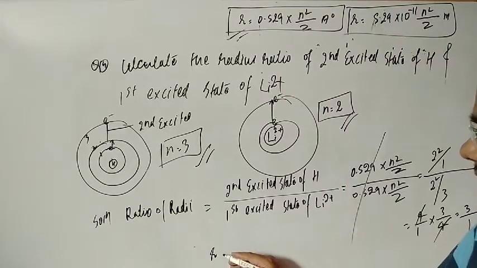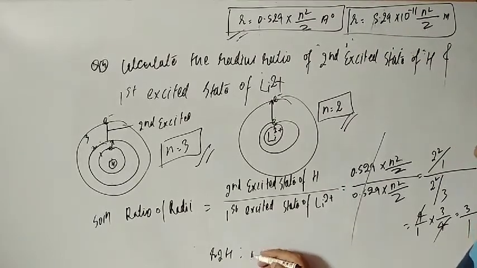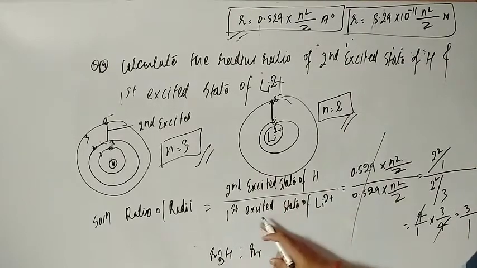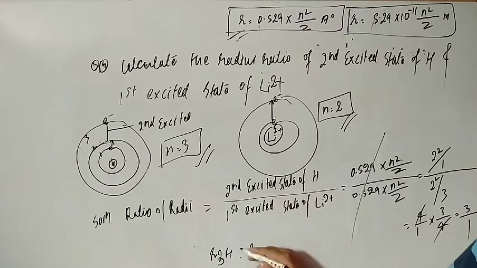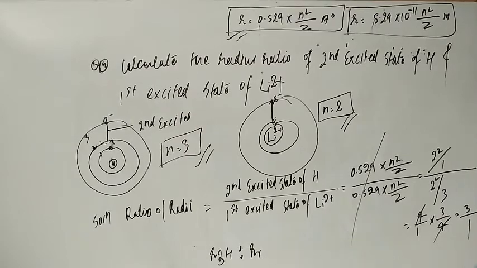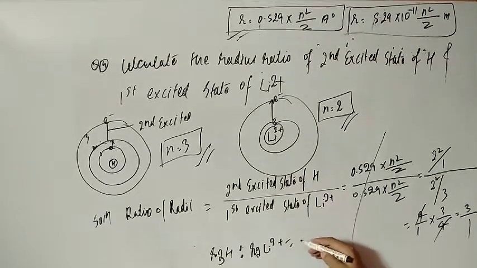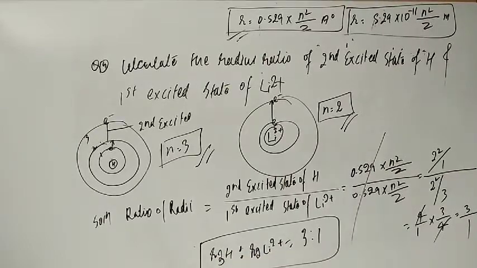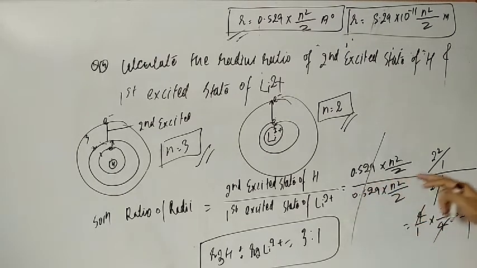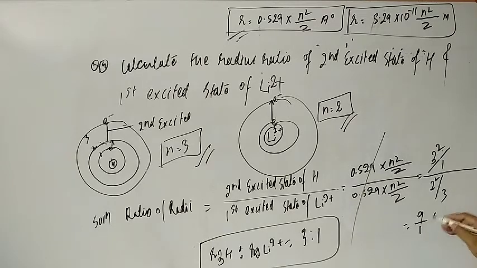So here 4 cancels out, that is 3 by 1. So we can write the ratio R3 of H to R2 of Li2 plus, and it comes to 3:1. Dear student, there is a little mistake here. Second excited means 3 square, so 3 3s are 9 by 1, multiplied by 3 divided by 4, so this is coming 27:4.